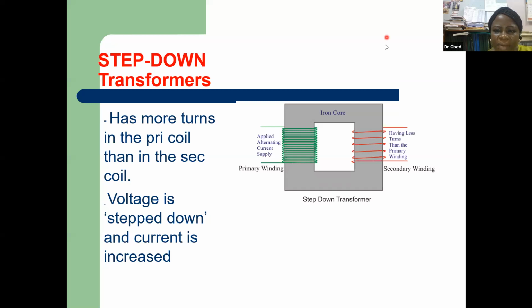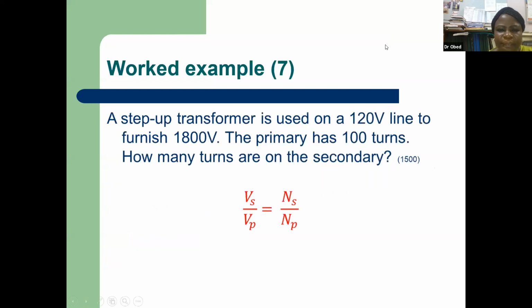So let's look at the next slide. The next slide is a worked example. It says a step-up transformer is used on a 120 line to furnish 1,800 volts. The primary has 400 turns.